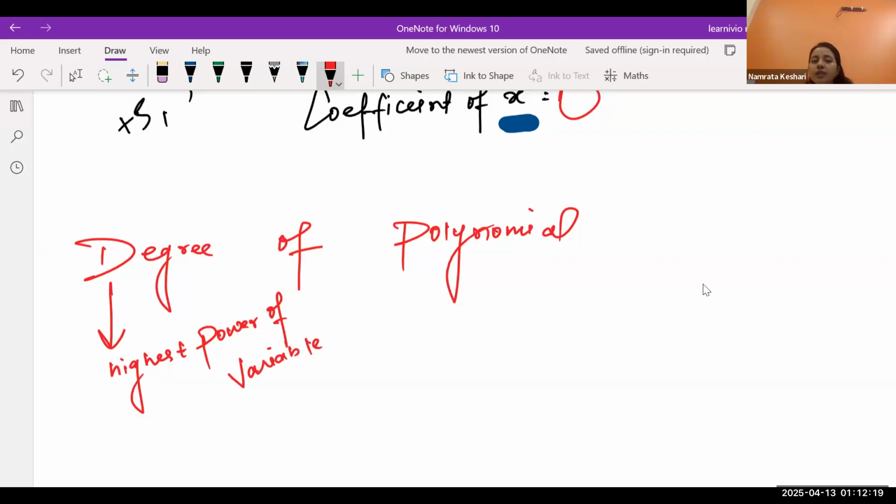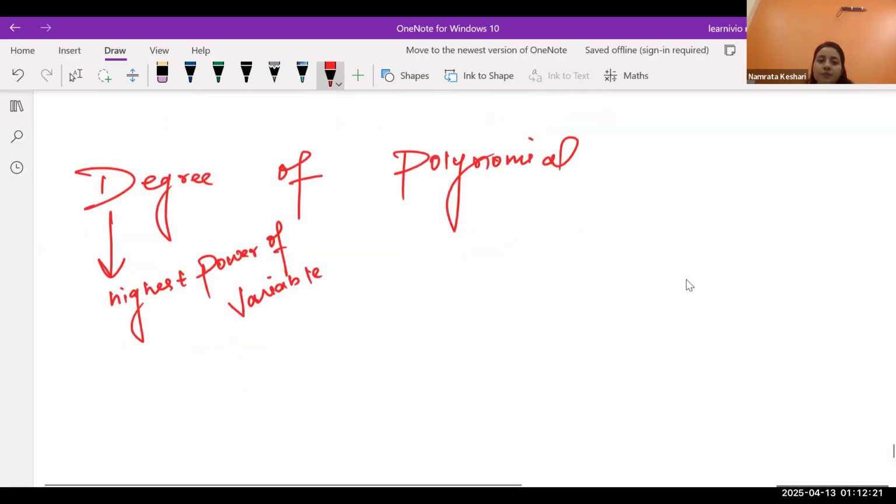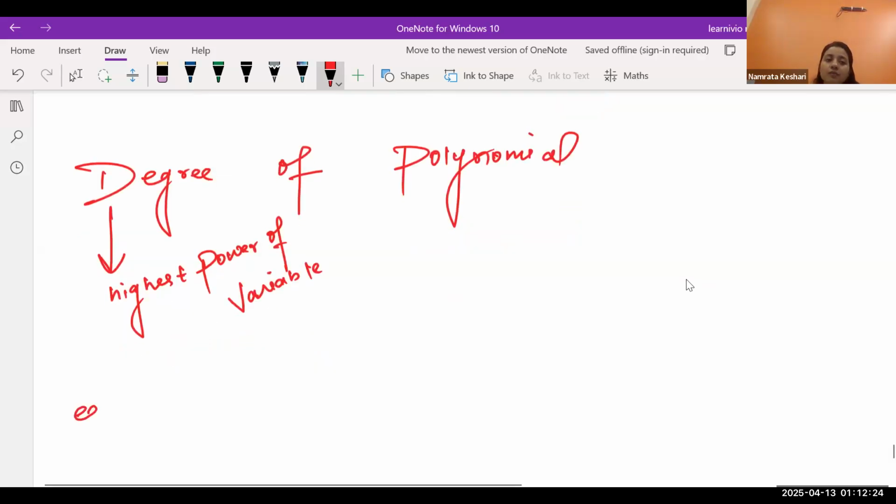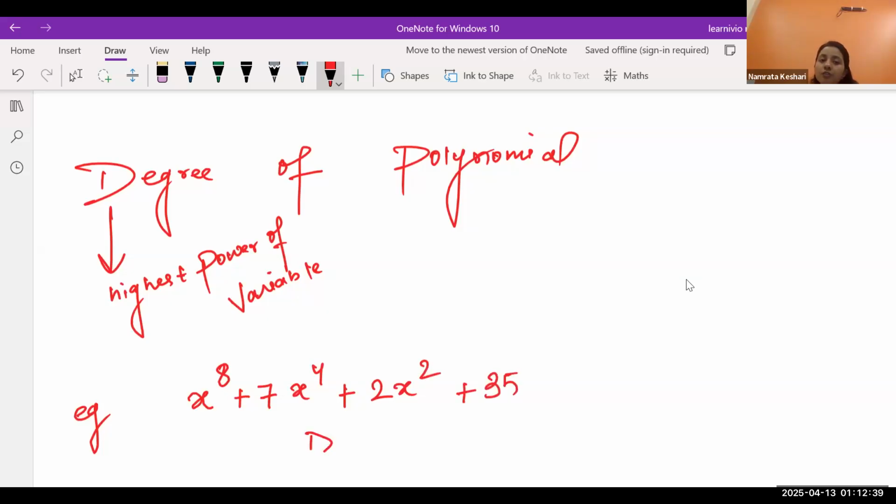So suppose we have a polynomial that is x to the power 8 plus 7x to the power 4 plus 2x square plus 35. Here, if we have to write the degree of the polynomial, we will see what the variables are over here. These are the variables and the exponents are 8, 4, 2.